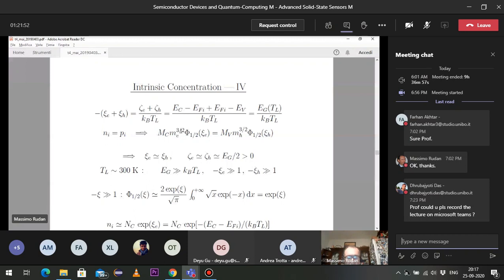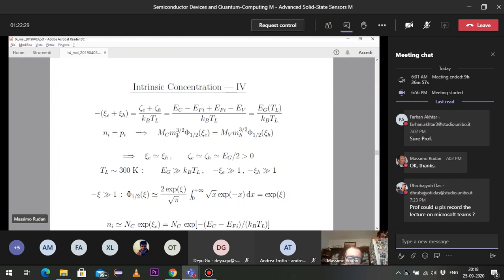How can we make an estimate? This is quite simple because, you remember, if you take silicon, Mc is equal to 6 and Mv is equal to 2, okay? So we have a factor of 3 on the left. On the other hand, the average effective mass of the electrons is smaller than the average effective mass of the holes, okay?